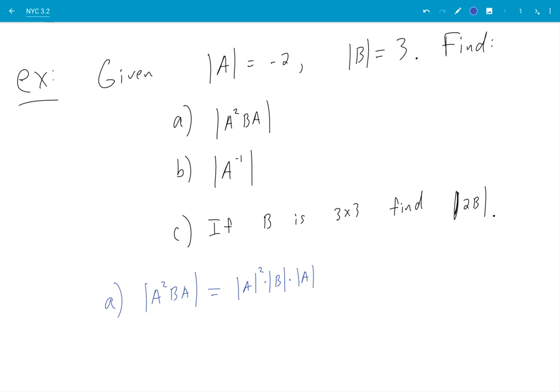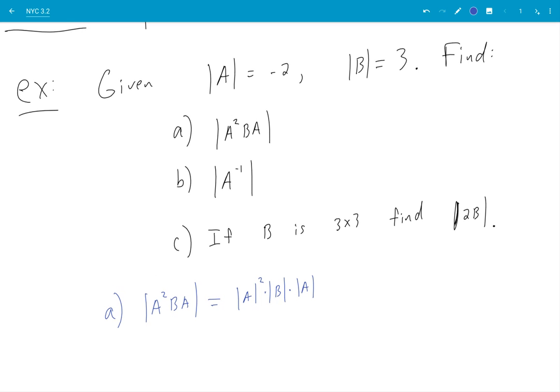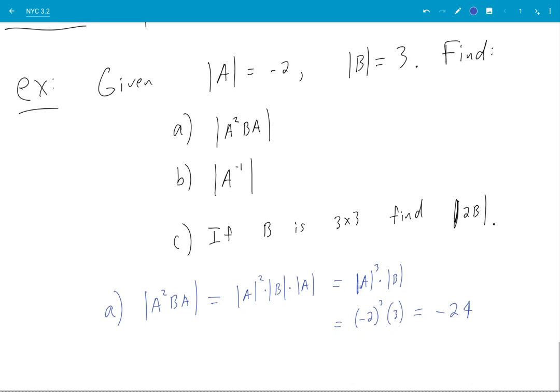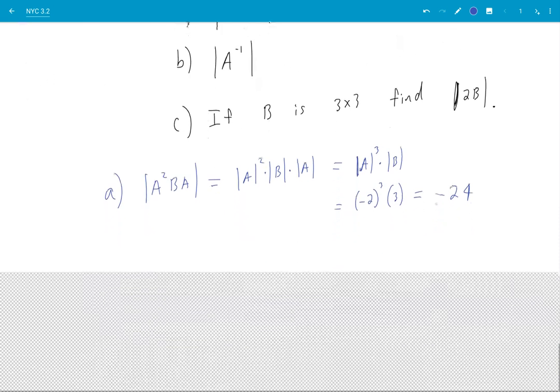I mean, the theorem only gives you 2 matrices, but if you have a product of whatever 26 matrices, it still works. So this is the determinant of A cubed dot determinant of B. So this is -2 cubed times 3, which is -24. Right. Okay, part B is not so easy.